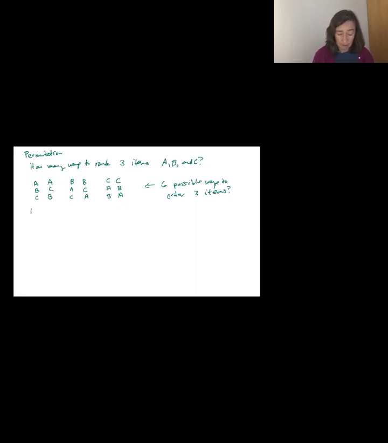All right, and we're going to go in steps. So if we have 3 items, there were 3 choices for first place. It's like I'm choosing first place first, and it can be A, it can be B, it can be C. Once I choose first place, there's only 2 possibilities left for second place.